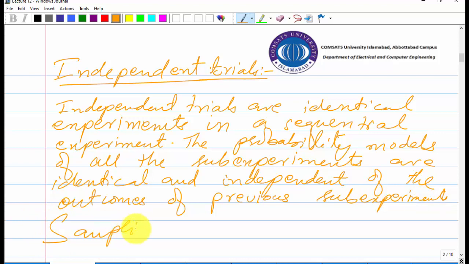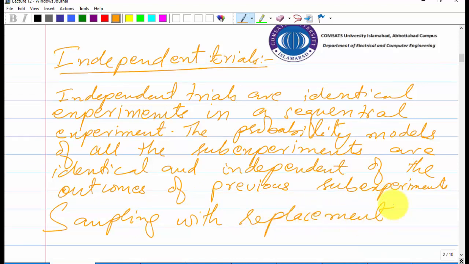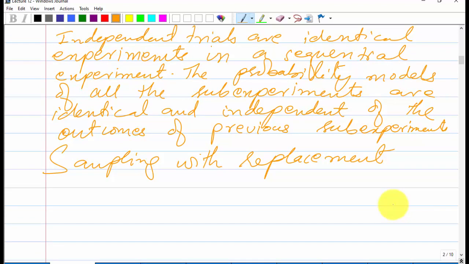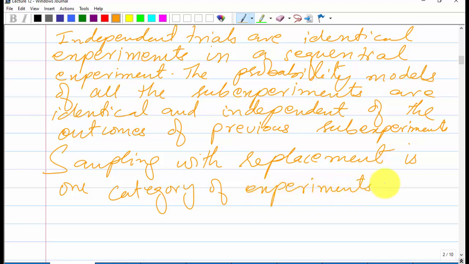Sampling with replacement is one category of experiments with independent trials.